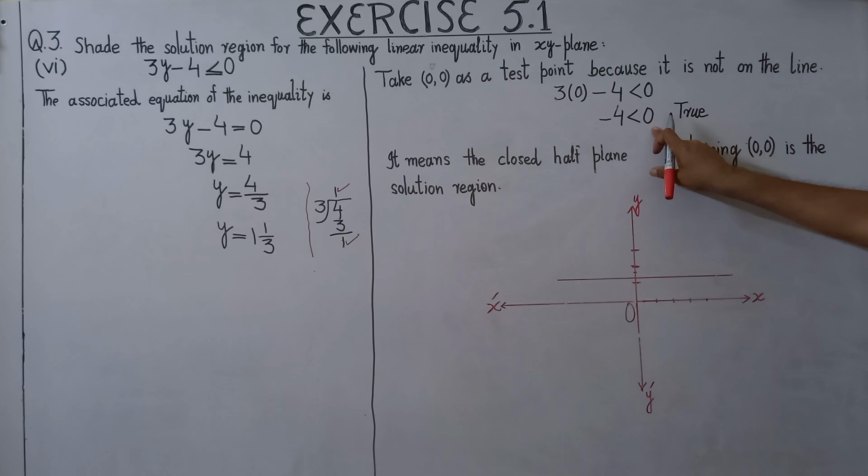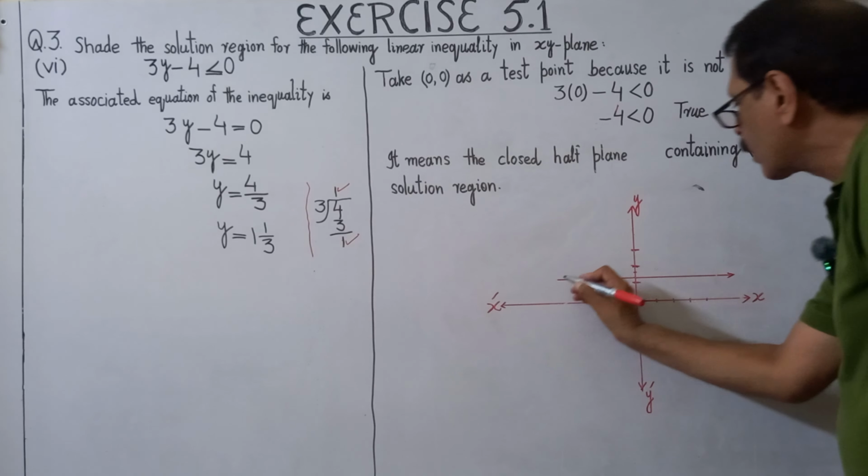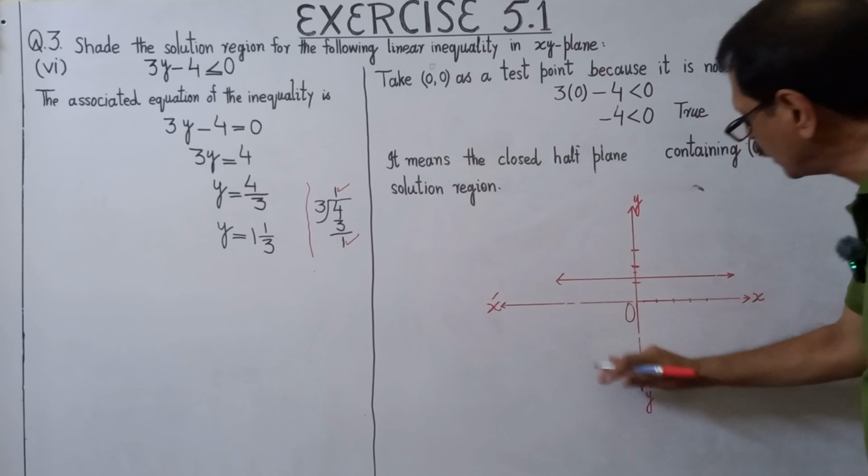Because this is less than this, we will shade towards the origin.